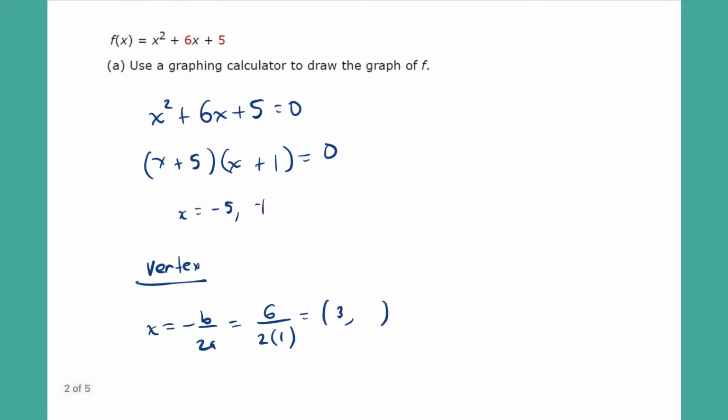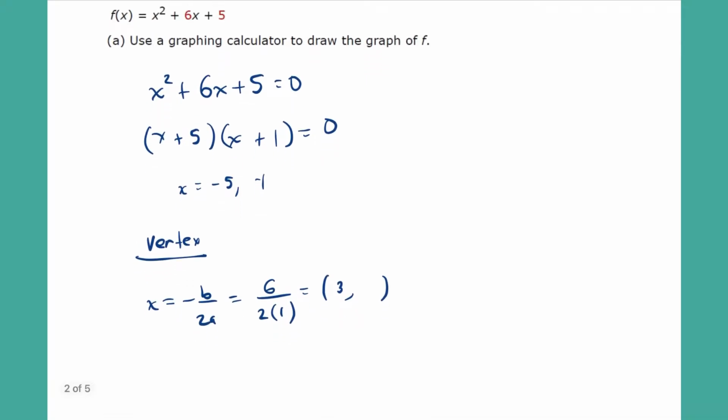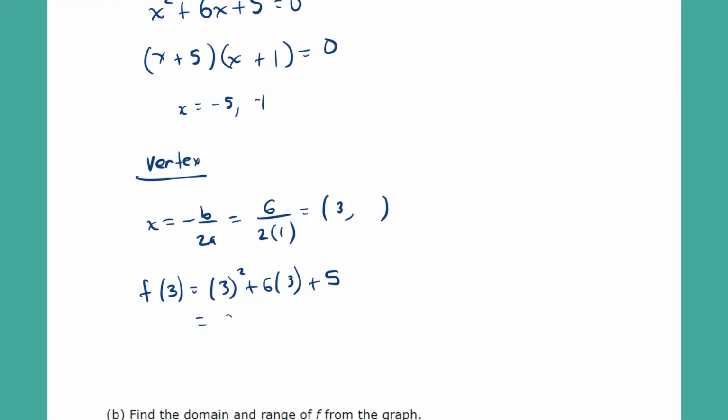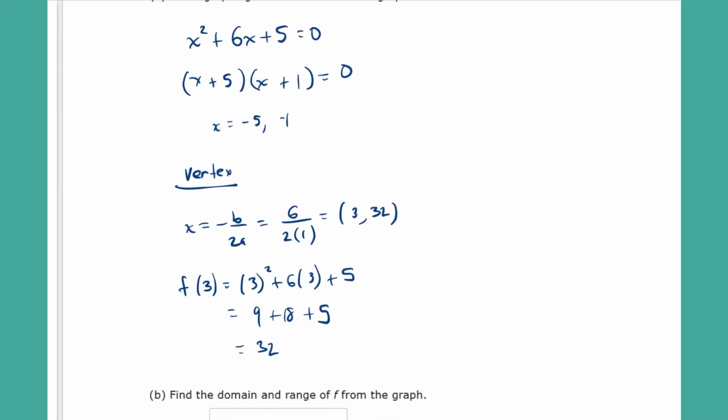That's the x-coordinate. You still have to find the y-coordinate. You can do that by plugging in 3 into the function above. Then you will get 3 squared plus 6 times 3 plus 5, which is 9 plus 18 plus 5. 27 plus 5 is 32, I believe.